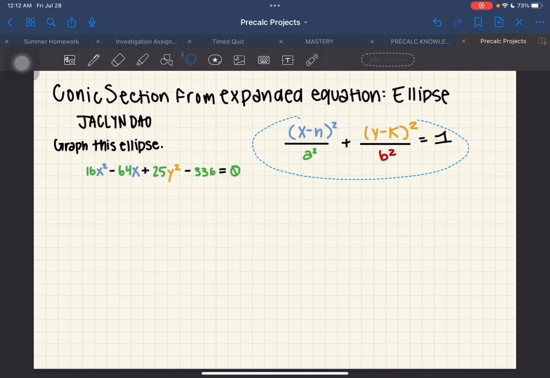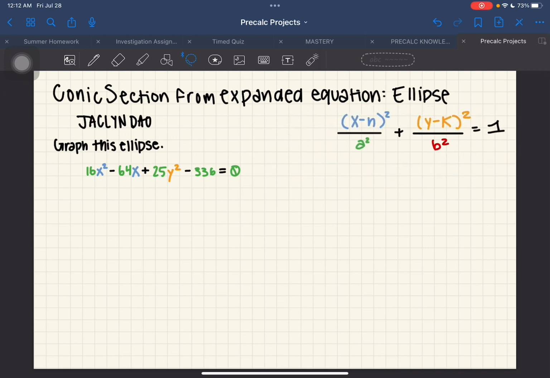Let's move this right here. As we can see, these are nothing alike.